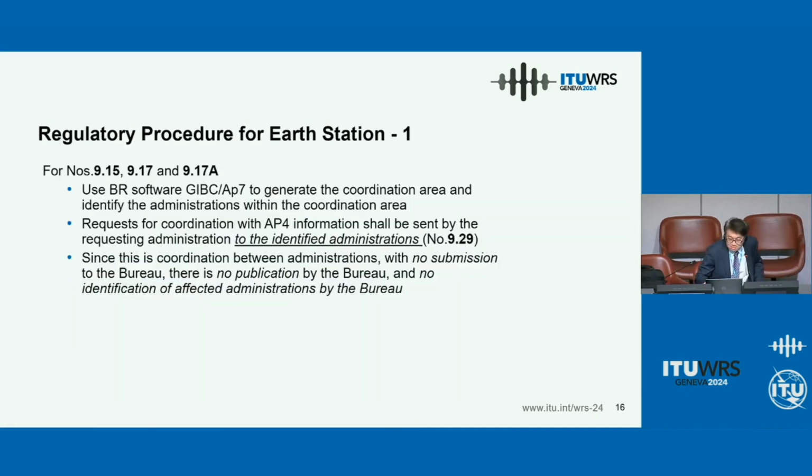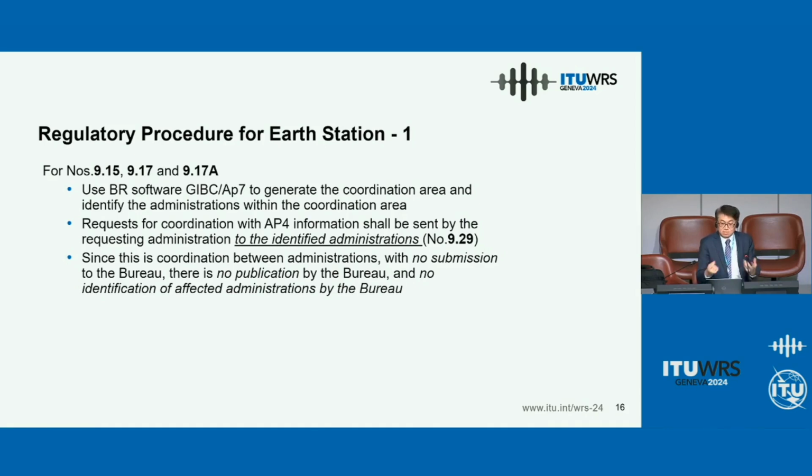So let me continue. So for 9.15, 9.17, and 9.17A, you have to do the coordination between the administrations before submitting to the ITU. All right, for these procedures, do not submit directly your coordination request to the ITU.